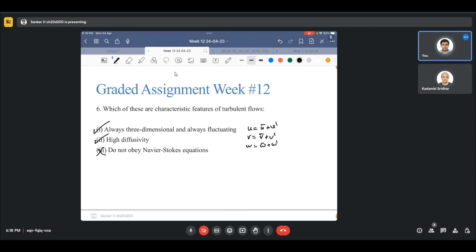And there are six independent quantities, which are u bar u bar, u bar v bar, u bar w bar, and all the combinations arising from this, including v bar v bar, v bar w bar, and w bar w bar. And we see that ui uj is the same as uj ui.